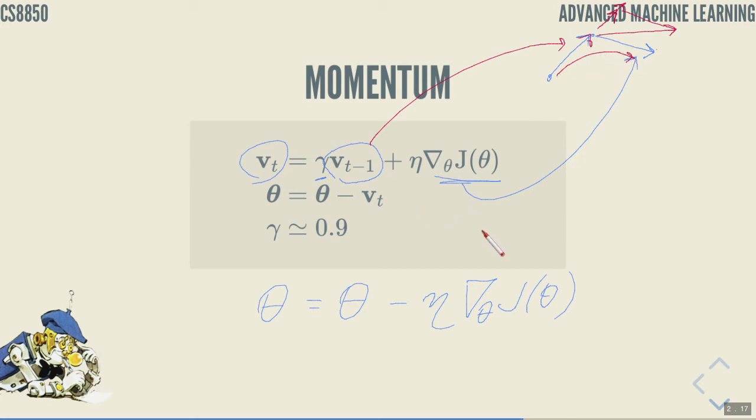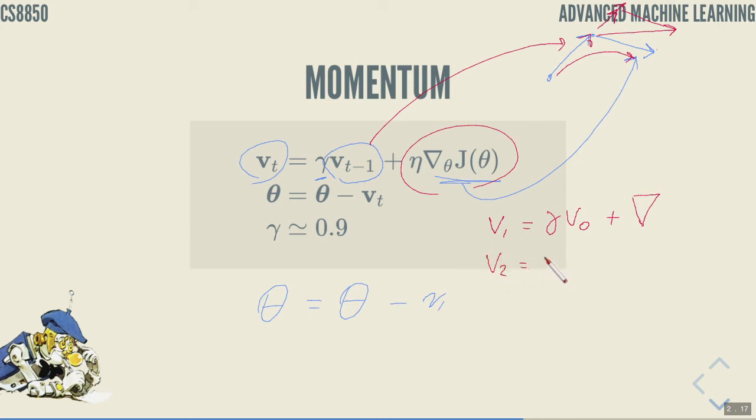Let's do this. Let's have V1 equals lambda V0 plus our gradient. Let me just denote this whole thing with nabla. Then V2 is lambda V1.